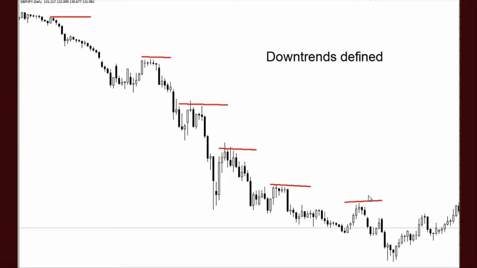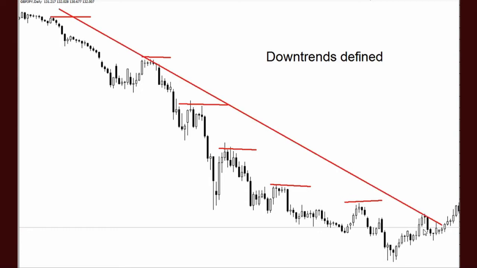And again, as I mentioned in the video concerning uptrends, the market does not move in an absolute straight line like this. We can look at this chart and clearly see we started here at a high point and the market ended at a low point. So we can see by eye the general movement is down. However, strong trends, whether they're uptrends or downtrends, tend to move in waves.